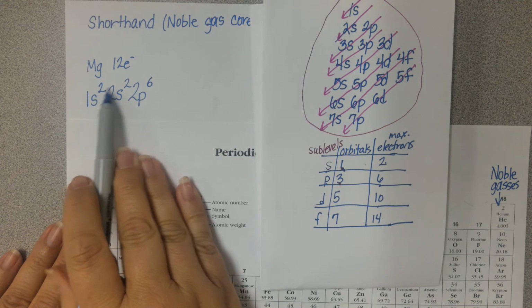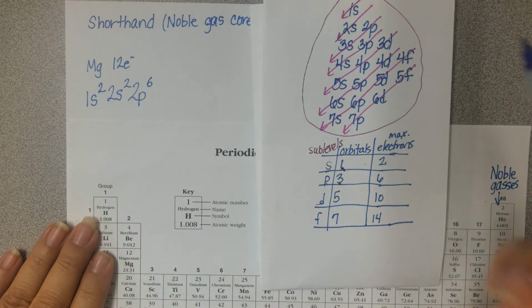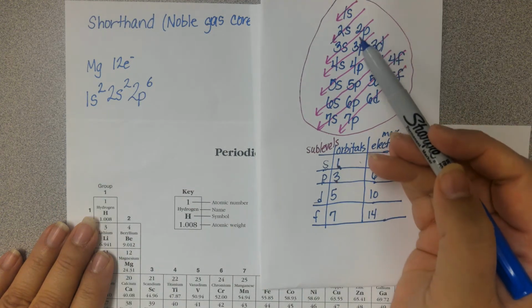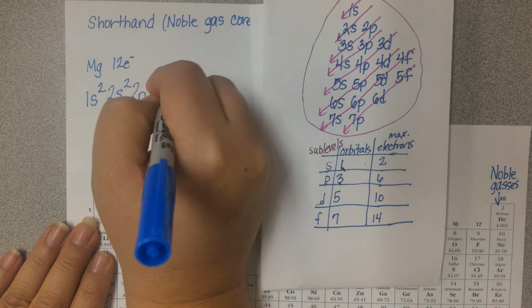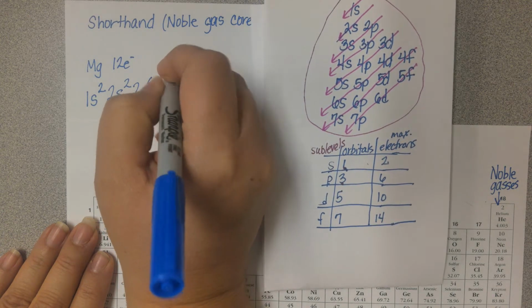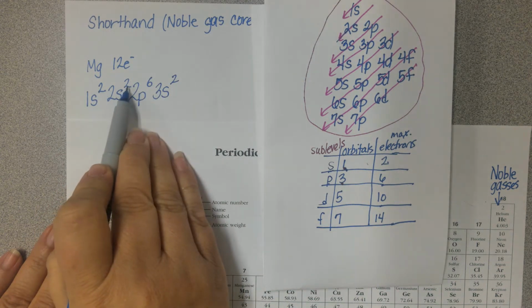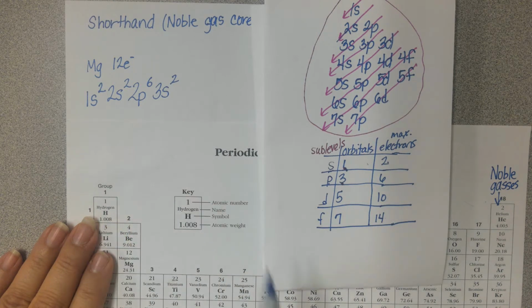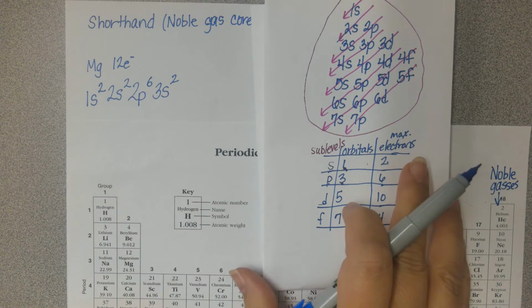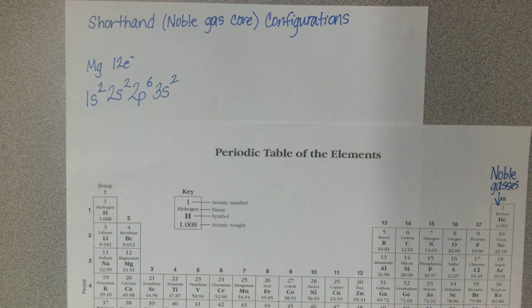Now we've added 10 electrons to our configuration, and so we need 2 more. So we have to go to the next sublevel, which is 3s, and we can put 2 there, and that gives us 2 and 2 and 6 and 2. That's our 12 electrons.